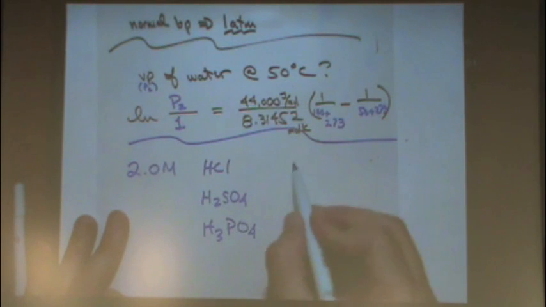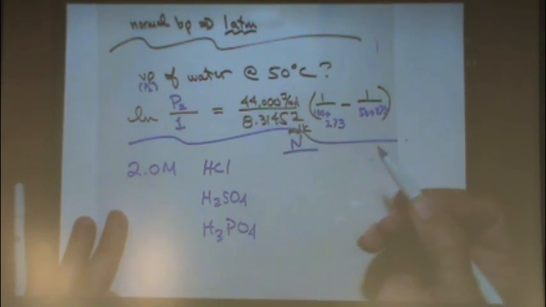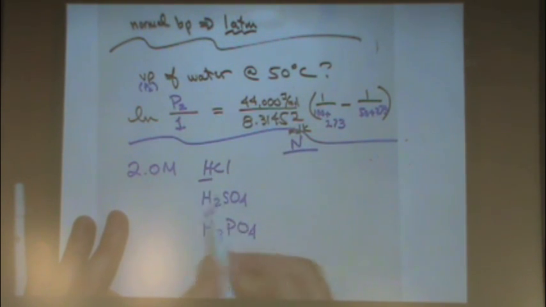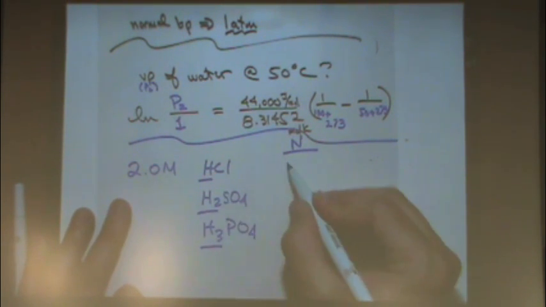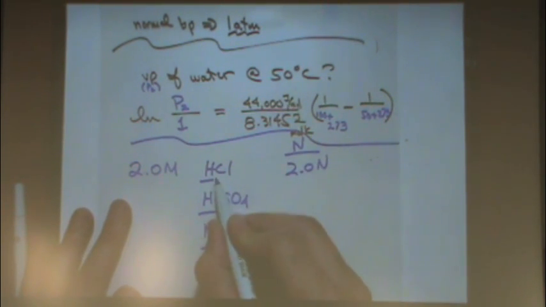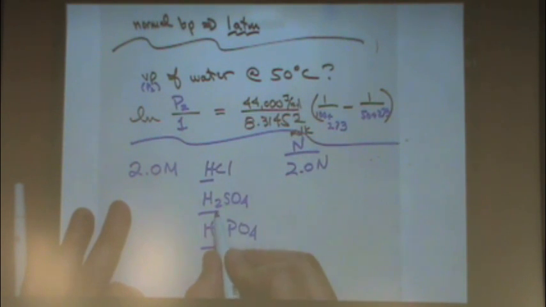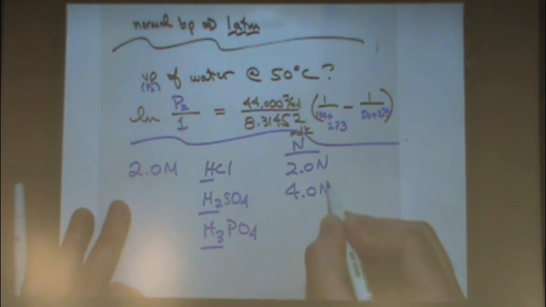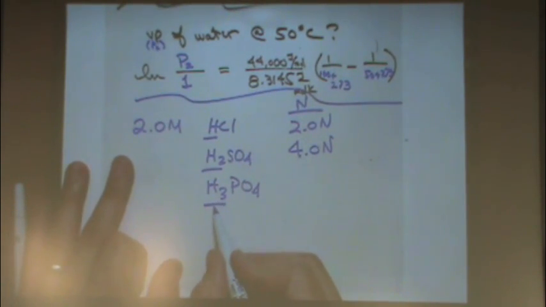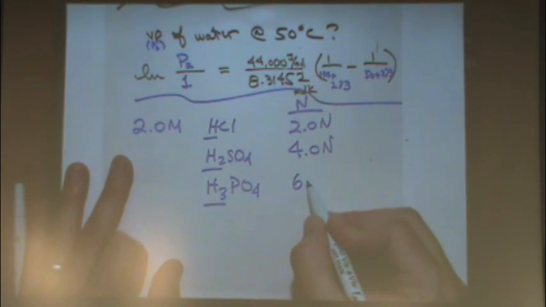If that's the molarity, and you want to find the normality, it's multiplied by the number of acidic hydrogens that you have. So if it's 2 molar for HCl, it would be 2 normal, because there's 1 acidic hydrogen. But for H2SO4, there's 2 acidic hydrogens, so this would be 4. For H3PO4, there's 3, so 2 times 3 is 6.